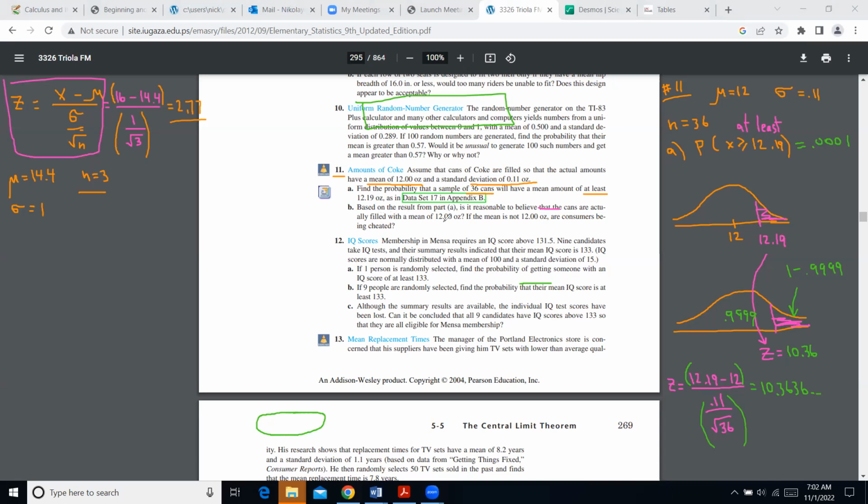And that's exactly what they're asking here in part B. So they say, is the mean not 12 ounces? Well, looks like, yes, they give people more coke. So are they being cheated? Well, I don't know if they get more than they deserve.